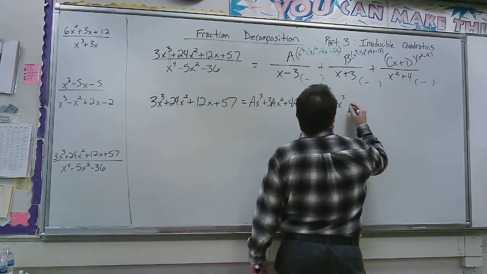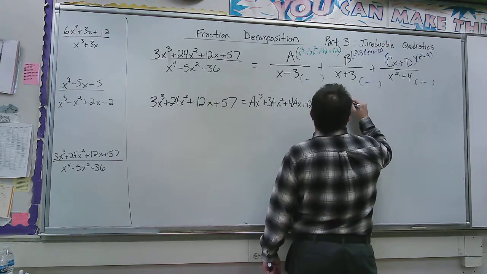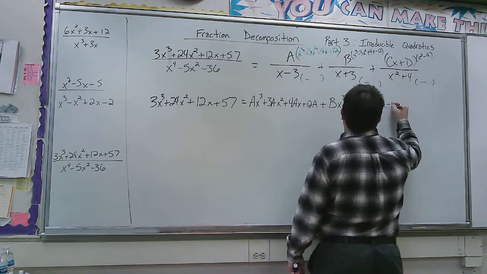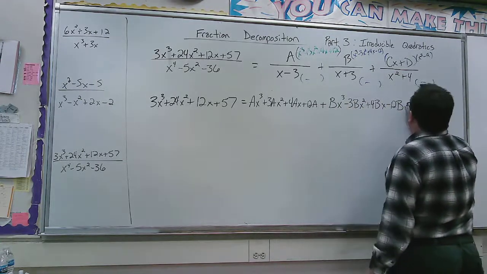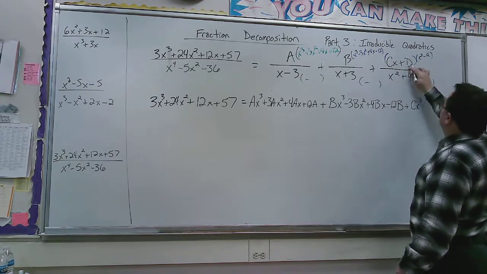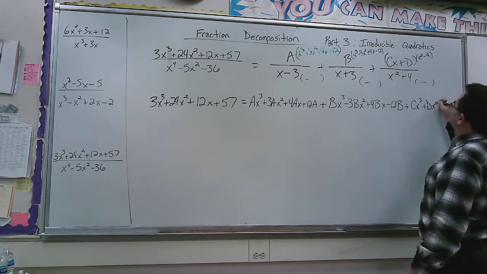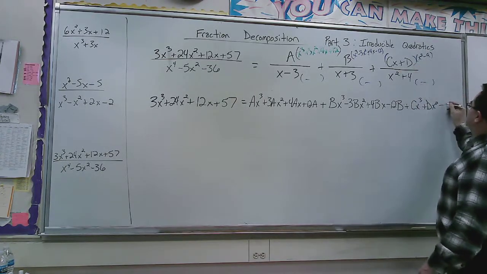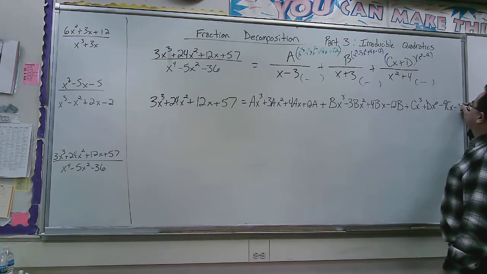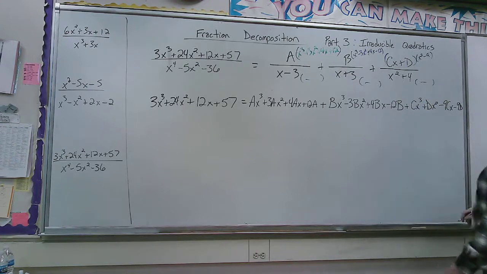So Bx cubed minus 3Bx squared plus 4Bx minus 12B plus Cx cubed plus Dx squared minus 9Cx minus 9D. All right.